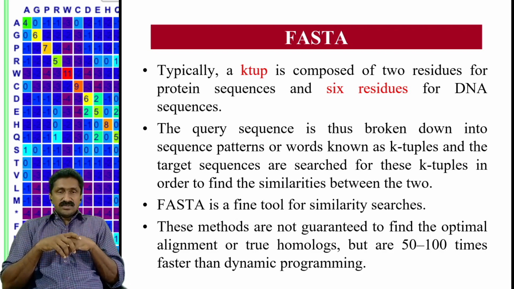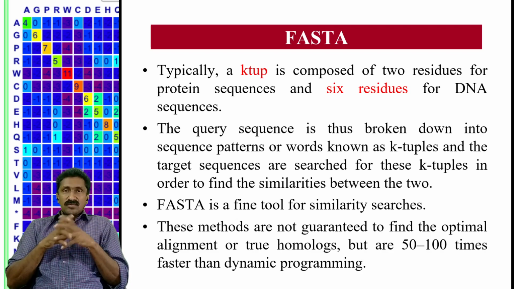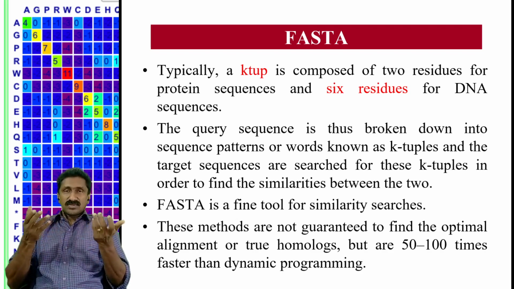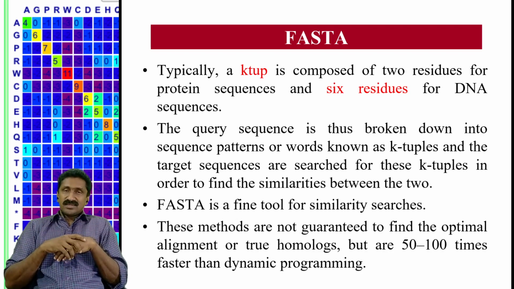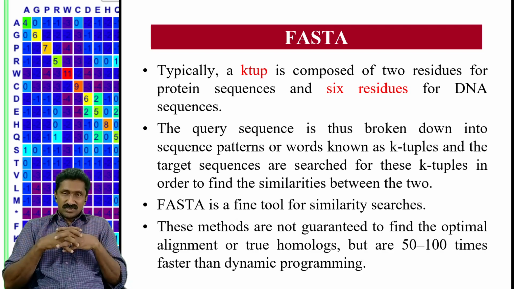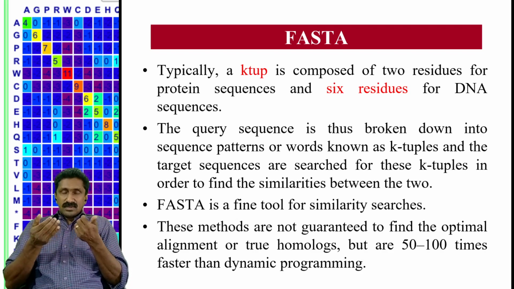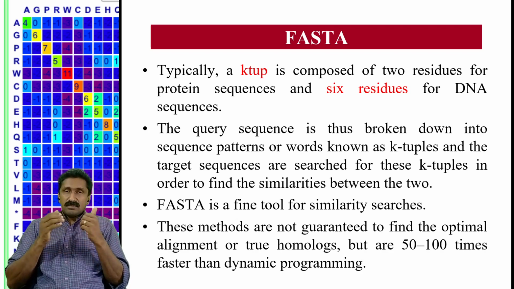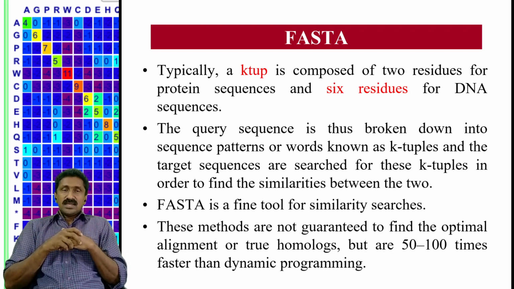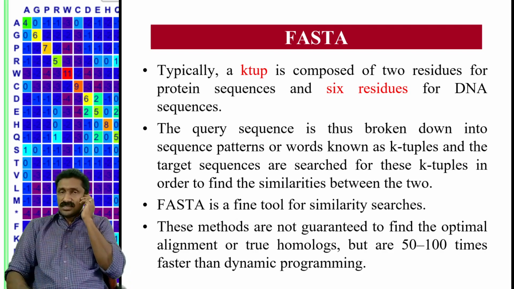Just to get the optimal alignment, you cannot wait for weeks or months by running dynamic programming on a very large database. Obtaining rapid query results is more important in such similarity searches.